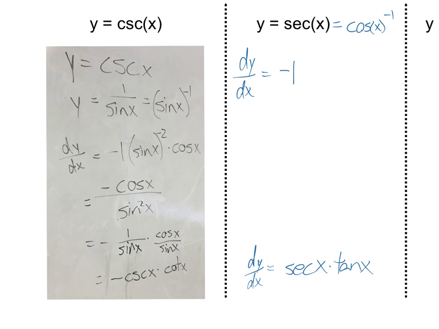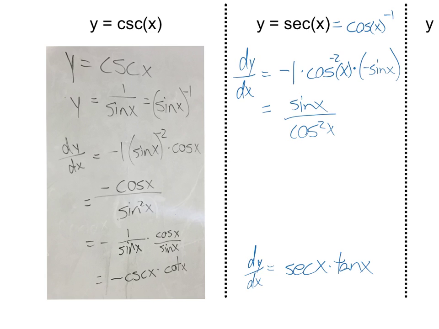So negative 1 times cosine of x to the negative 2 power times the derivative of cosine. What's the derivative of cosine? Negative sine. So we have two negatives that end up canceling out. So now I have sine of x over cosine squared.